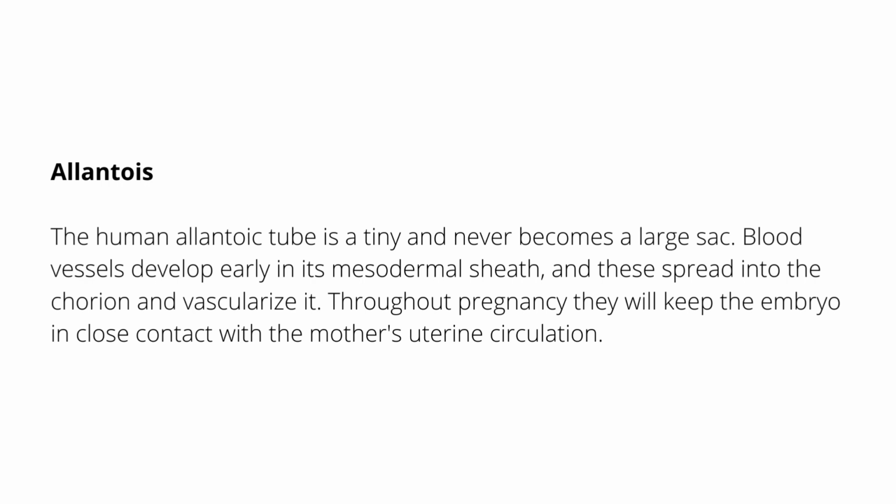The human allantoic tube is tiny and never becomes a large sac with important functions as it does in many other mammals and in reptiles and birds. In humans, it does not. In the second month, it ceases to grow and it soon is obliterated.